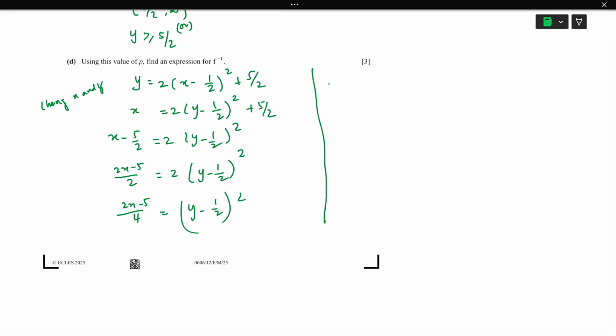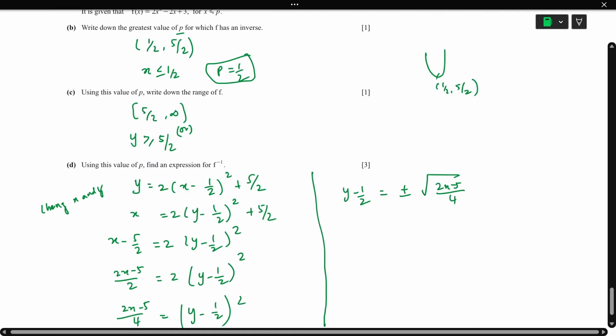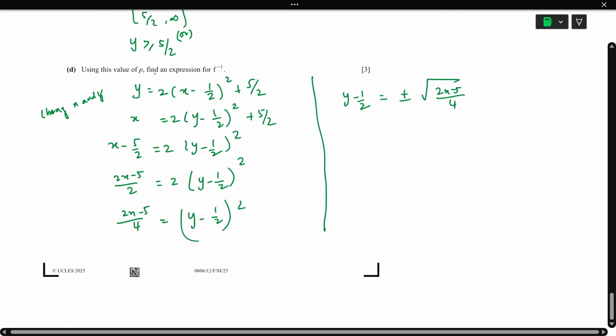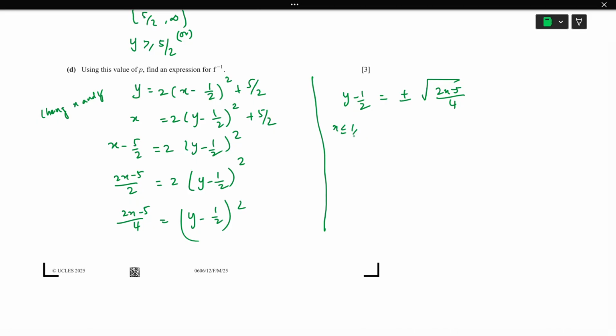So here y minus 1 by 2 equal to plus or minus square root of 2x minus 5 by 4. So the question says, using the p-value, the p-value is 1 by 2. It's also x less than or equal to 1 by 2. So we are going to use only negative because x is less than or equal to 1 by 2.